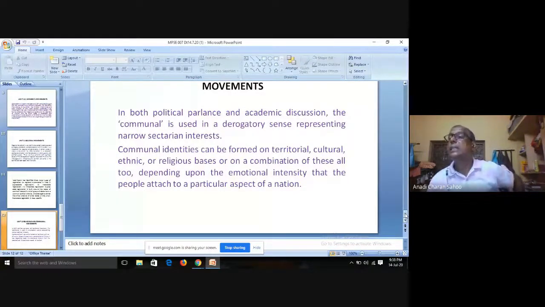Communal identities can be formed on territorial, cultural, ethnic and religious basis. Hindu nationalists emphasize this common cultural and religious bond, creating an emotional attachment to this land and its people.